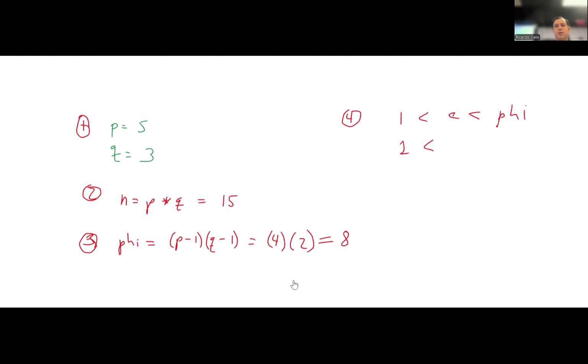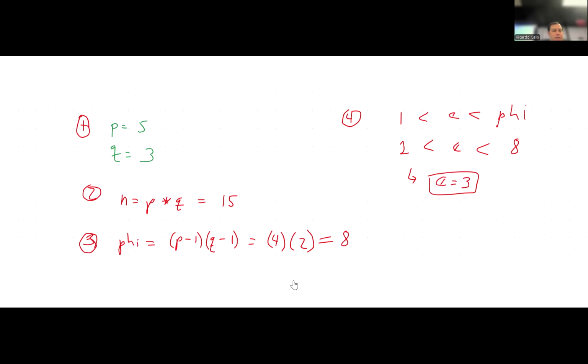So that's the E that we need to pick. So any of the numbers in there, 2 to 7. So the number that actually would meet the GCD condition for E is 3. And don't worry, we will look at how to calculate that in a second. But that's the idea.